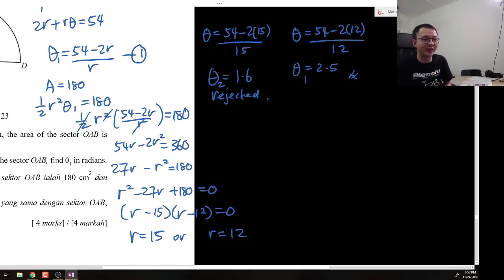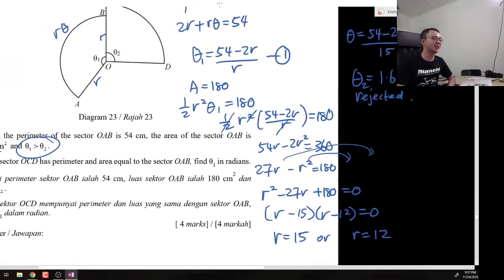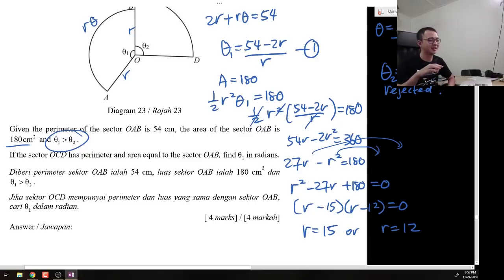It's positive 180 because I move all my r terms to the other side. So you see my 27r becomes negative already. Do you see that? And then this one remains here, so it will become positive. I'm so sorry. Maybe sometimes I go too fast and get you confused. But yeah. Okay, so this question basically just requires plugging in some formulas and working on it.